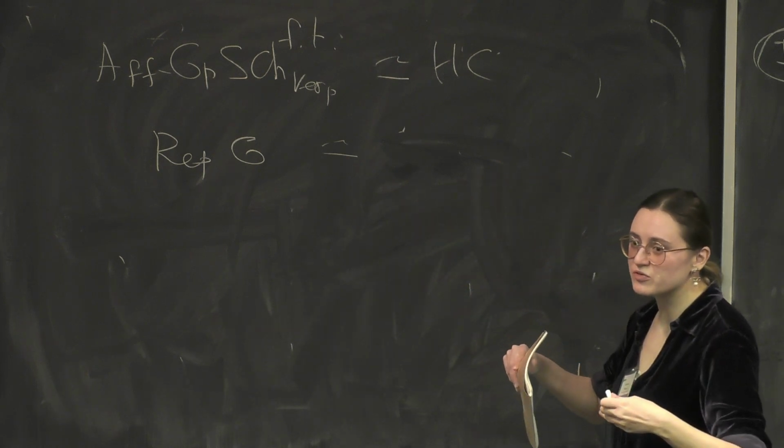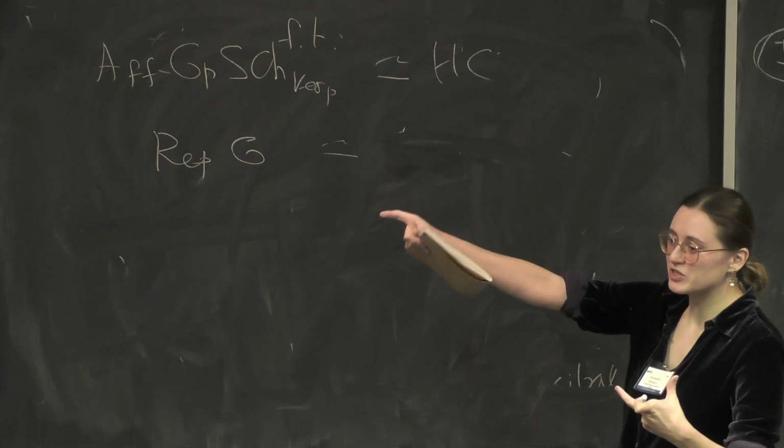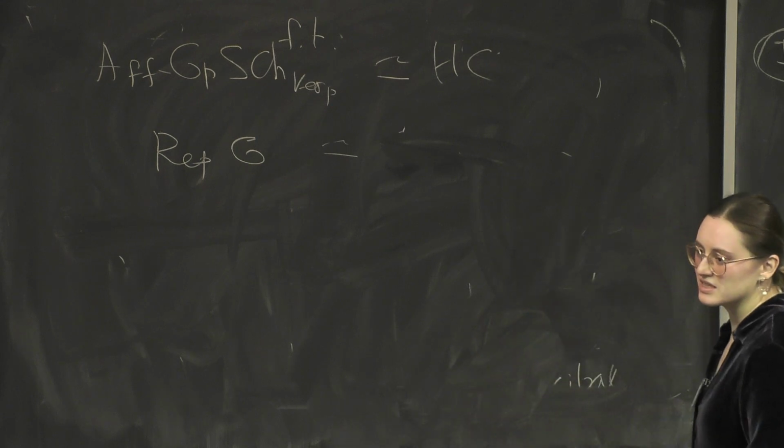It gives you a representation of an even Lie algebra, and you also get a representation of a Lie algebra object, and you want the restriction to the even part to be as in the classical setting.